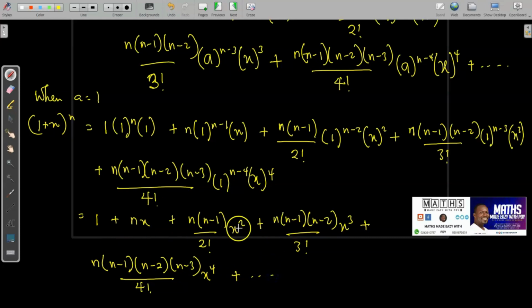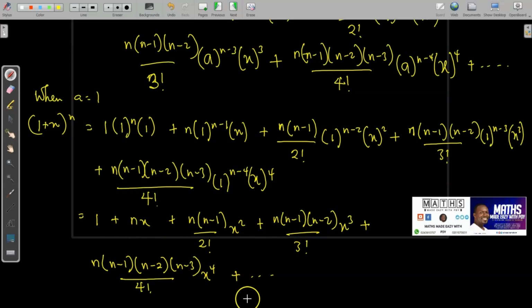So this is what we term as the binomial theorem. This whole thing as you see here is what we term as the binomial theorem. It's a formula or a rule which you can use to write the expansion for any given binomial term, whether it has a negative exponent or a positive exponent or even a fraction.